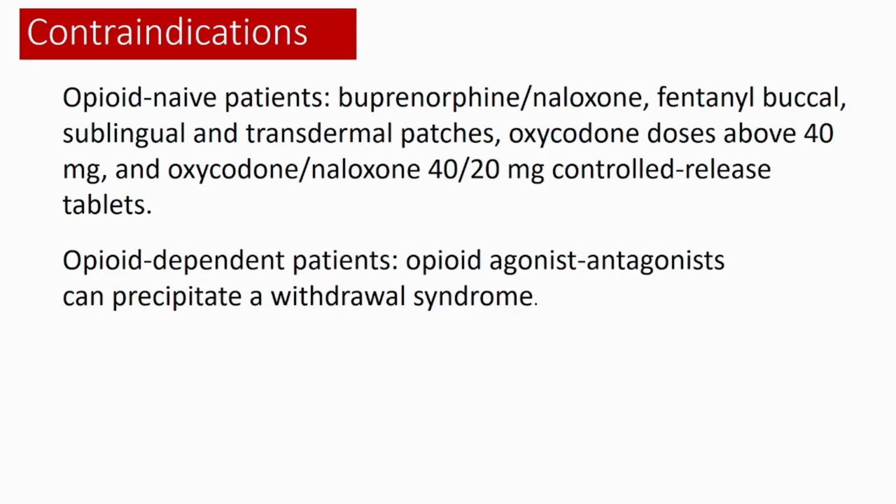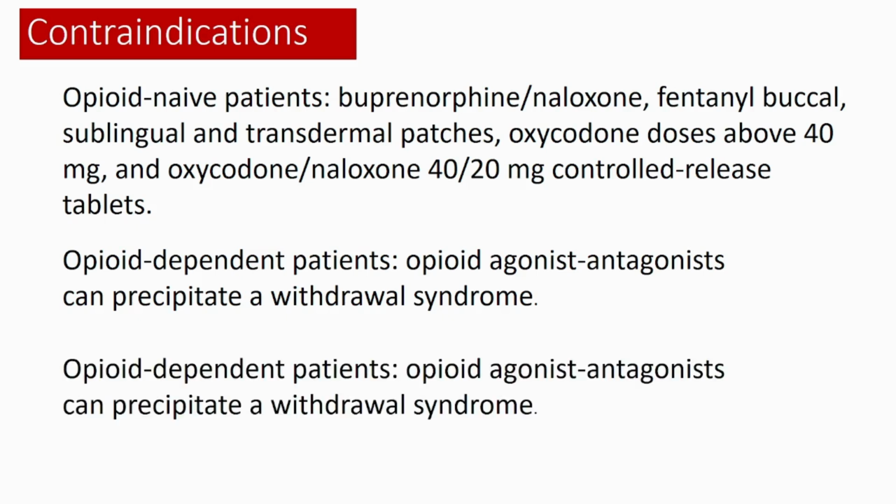And in opioid-dependent patients, opioid agonist-antagonists can precipitate withdrawal symptoms, such as buprenorphine in combination with naloxone. If you use them on an opioid-dependent patient, they may experience withdrawal symptoms because of the naloxone in those preparations, which causes an antagonistic effect on opioid receptors.